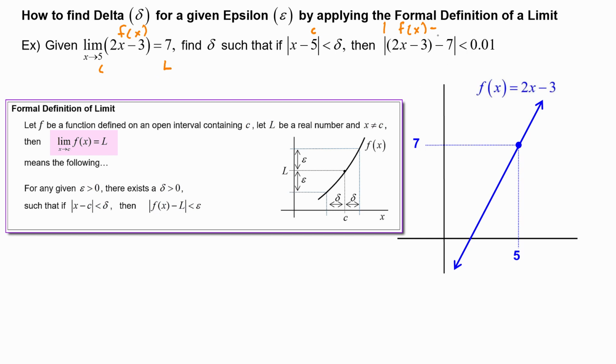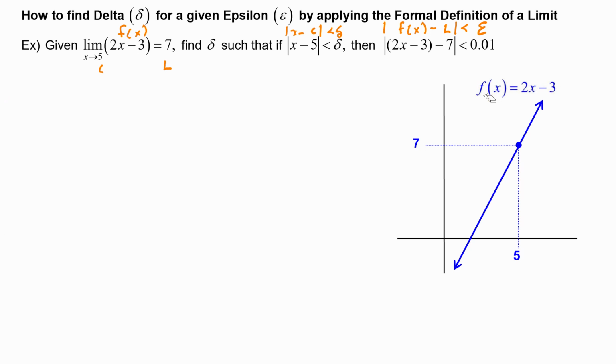So over here, 7 is L. And we know that the absolute value of f of x minus L has to be less than epsilon. So that tells us that epsilon is 0.01. And now, of course, this is the absolute value of x minus c less than delta.